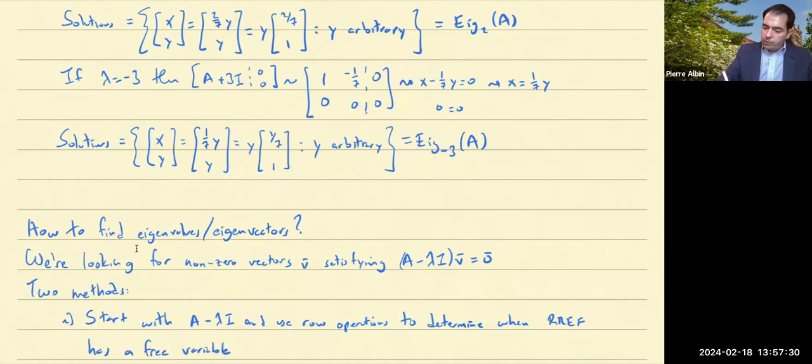Remember, that means a column without a pivot. So in this case, we had only one pivot here. This column is a pivot column, corresponds to a pivot variable. This column corresponds to a free variable. Then you use the reduced row echelon form to find the eigenspace. Okay, so that's the method we just used in this example.